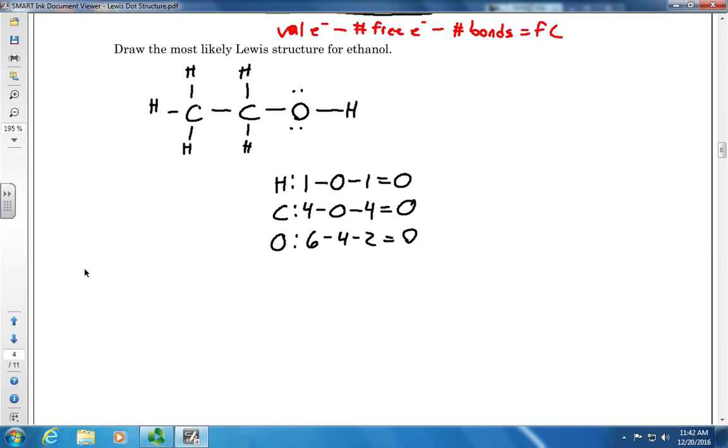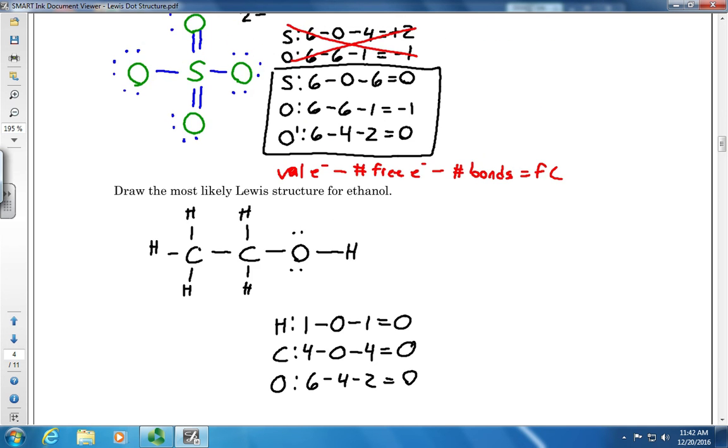It's also 0. So this is a very happy molecule. Everything is very organized and structured, and there are no charges to disrupt its structure. So this is how you can use formal charges to verify the Lewis structure of molecules that you've created.